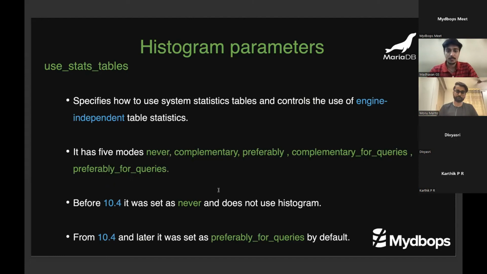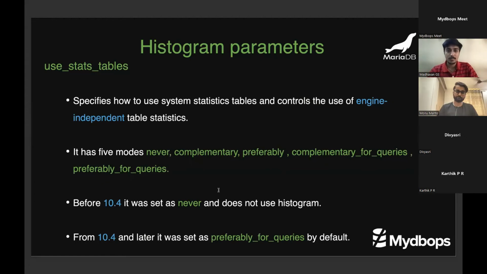Preferably means it will first prefer the statistics from the engine independent tables, and if the same kind of data is not provided there, it will use the storage engine statistics. Complementary for queries and preferably for queries are the same as complementary and preferably, but used only for queries.